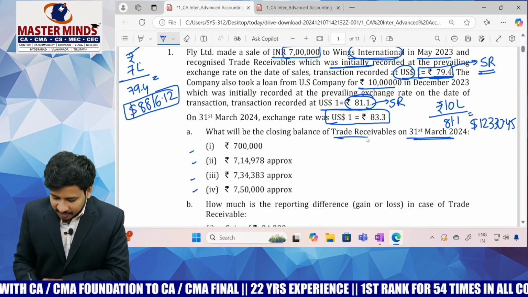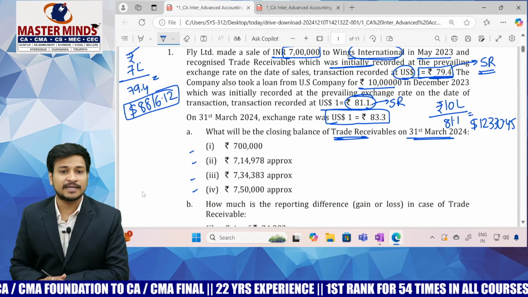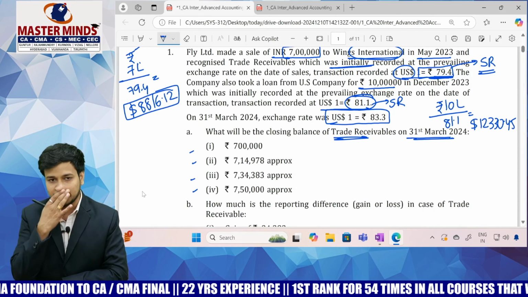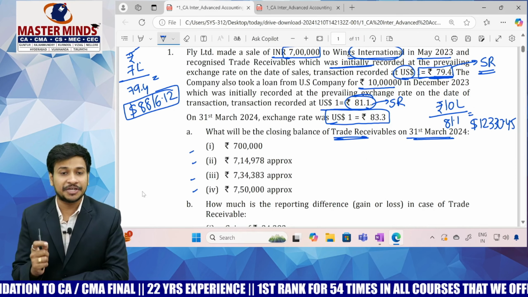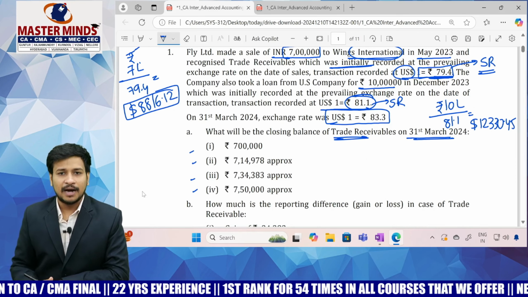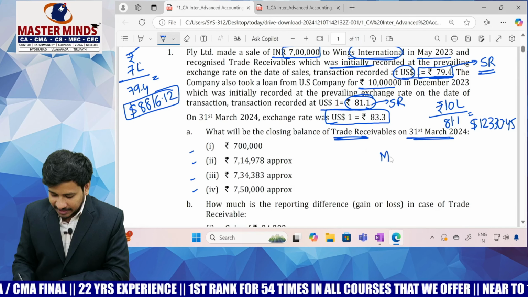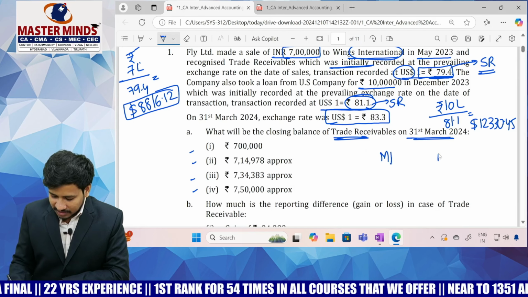As per the provisions of accounting standard number 11, first of all you must decide whether it is a monetary item or a non-monetary item. Trade receivables is a monetary item, and loan is also a monetary item.